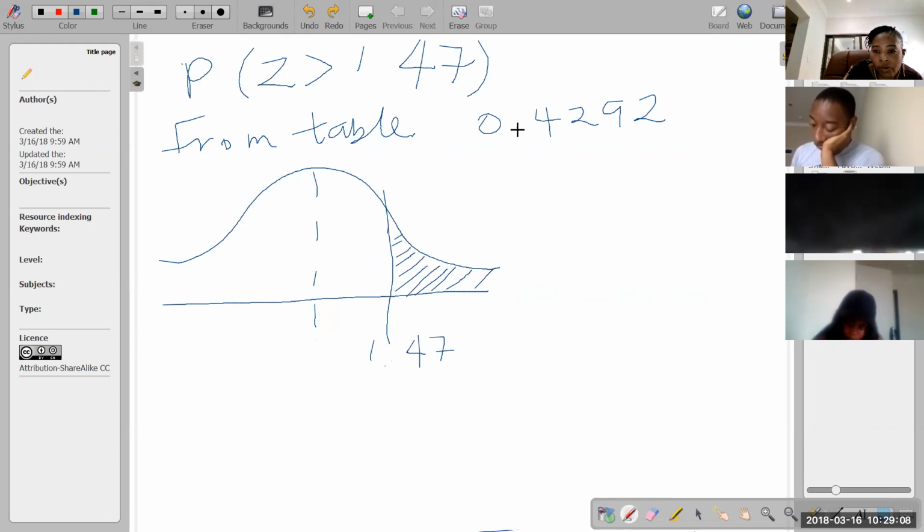This is 0.4292 from the table. If this is 1.47 and this is 0.4292, it's most likely that from the middle point to this place is 0.4292. Is that okay?